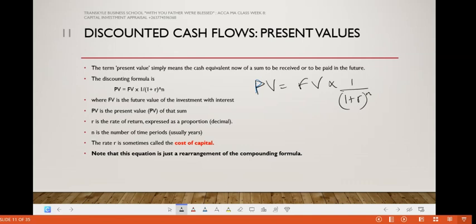Remember we said the value of $1 today is different from what it is 5 years later on. It is very different. So you might discover that the present value of $1 received after 5 years would be maybe 60 cents.